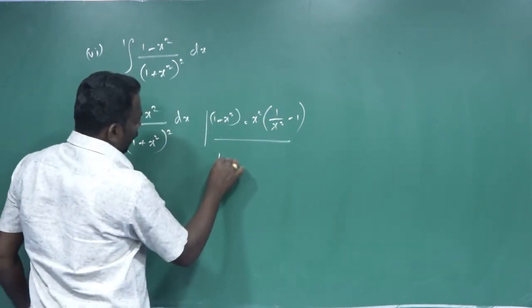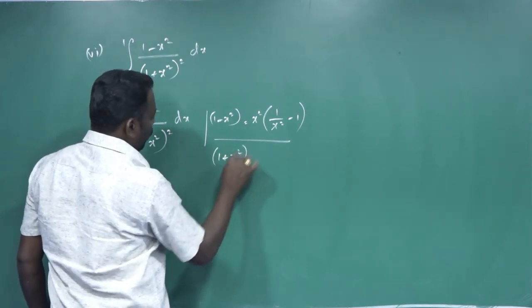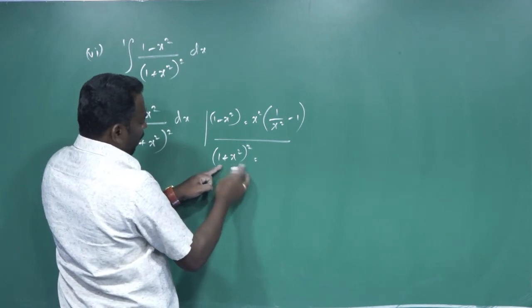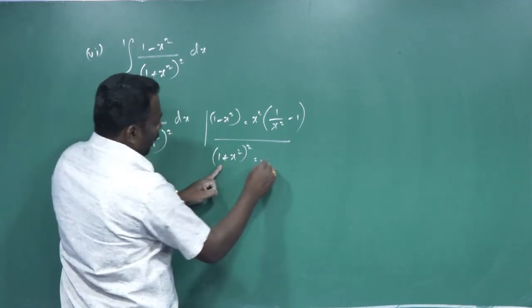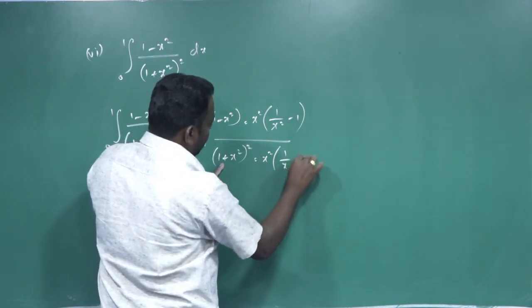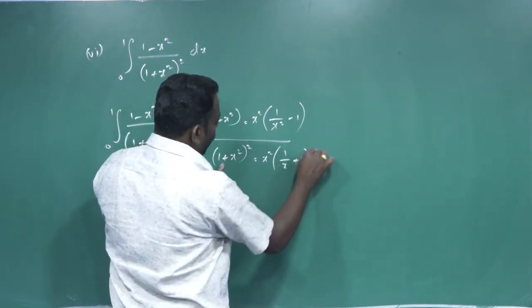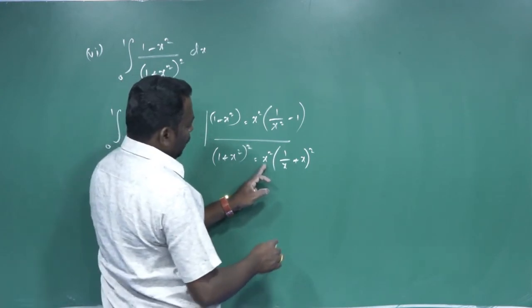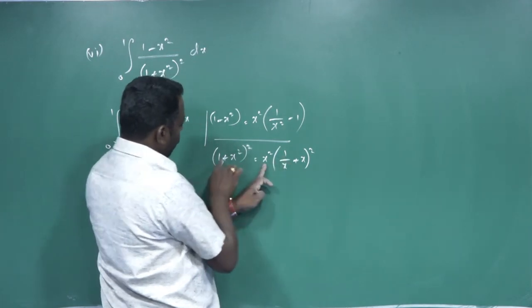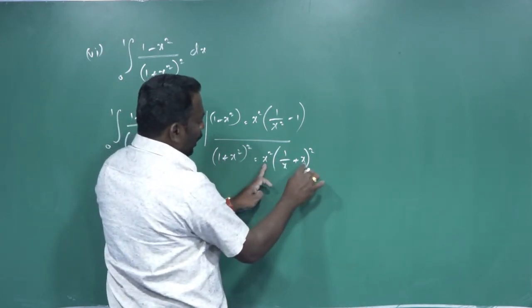Similarly for 1 plus x square whole square, we take x from the bracket, and outside it comes in square form. Therefore x square we can take outside: 1 by x plus x whole power 2. If you multiply the x term into the bracket, it goes inside: x by x is equal to 1, and x into x is x square.